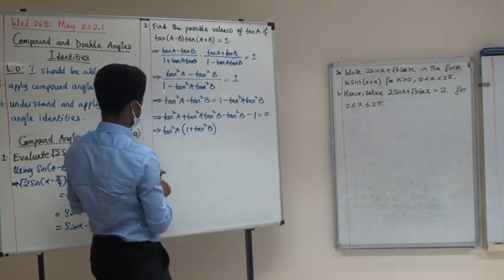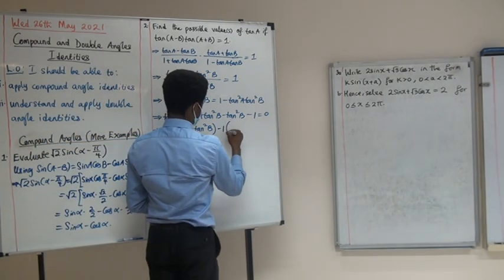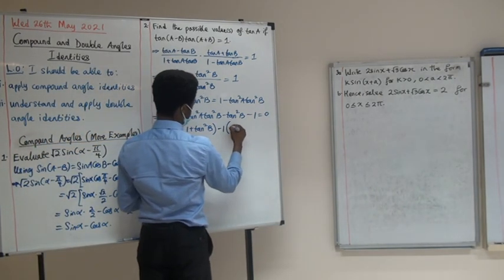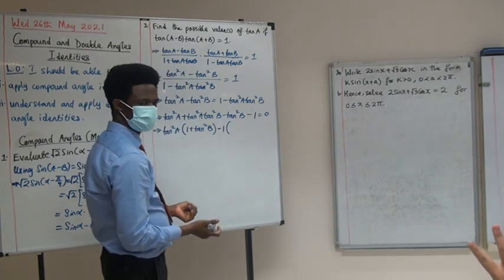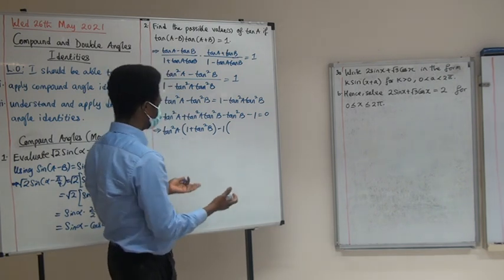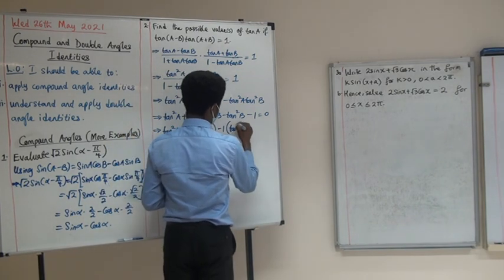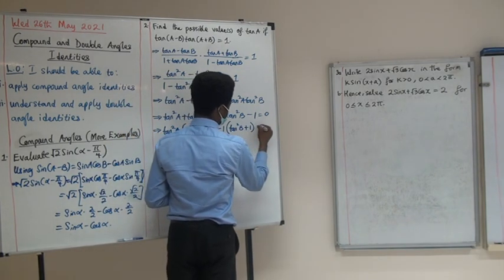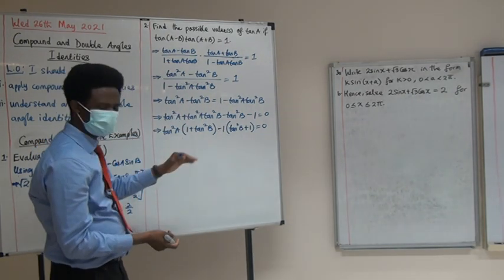No, wait. Minus 1. Minus tan squared B minus 1. Then you have 1 plus tan squared B. Don't swap immediately, because otherwise we'll be wondering why you got that.